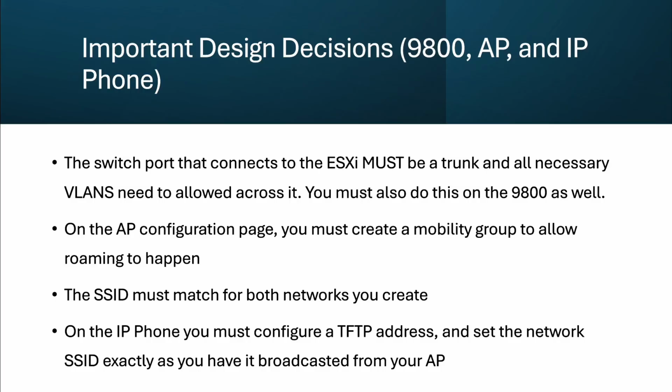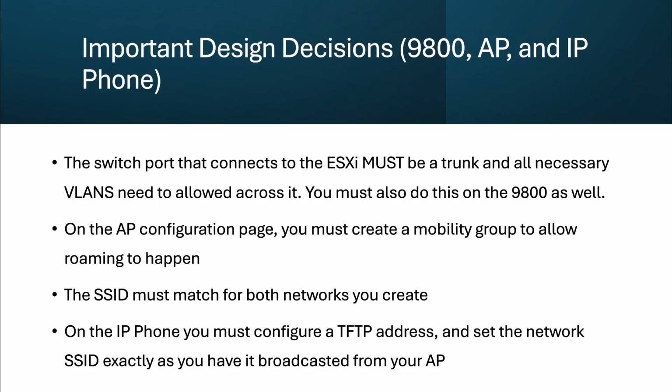This is something that is super easy to mess up, because if you even have one incorrect VLAN, everything will just break basically. So you make sure you have all necessary VLANs allowed across your trunk.